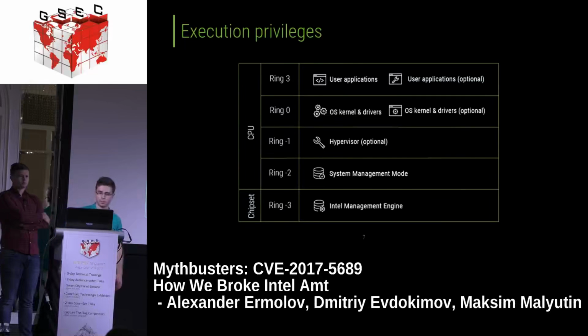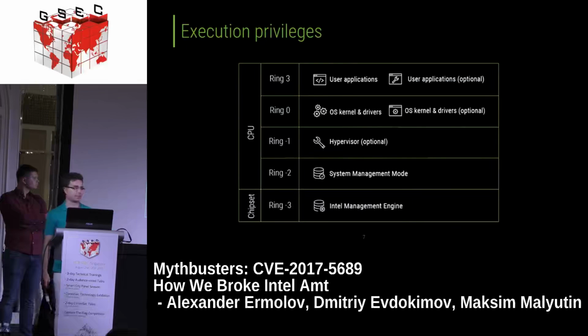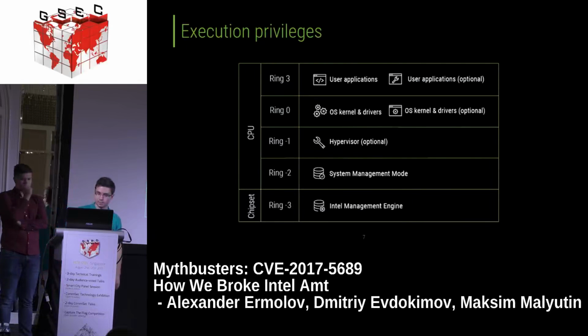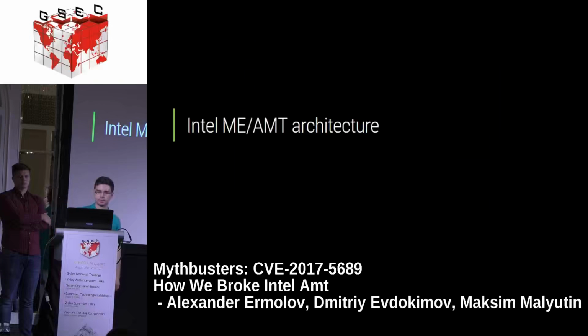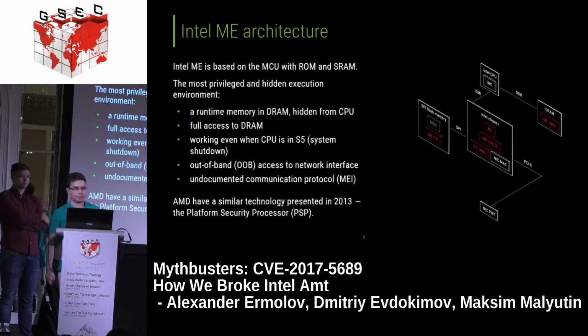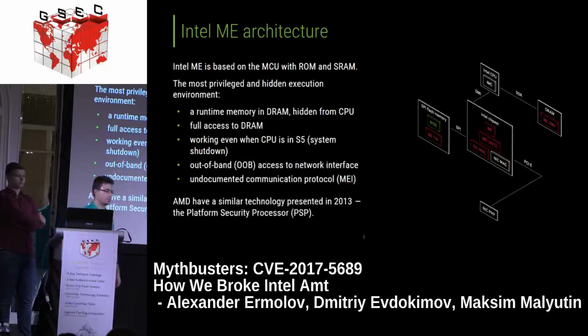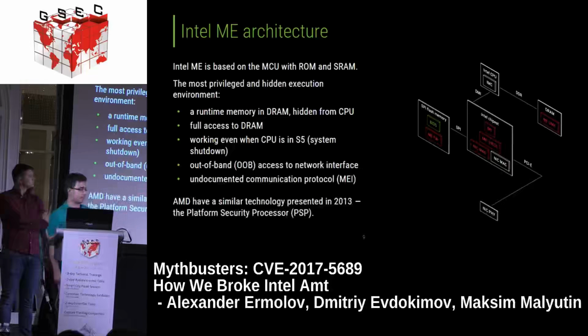However, we were able to gain access to ring -3, the most powerful execution environment here. It is Intel ME. It has even more access capabilities and memory isolation techniques. So now we are going to go more in depth with its architecture. It is based on an MCU with ROM memory and SRAM memory.